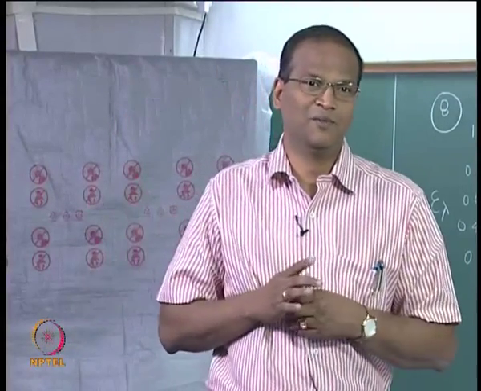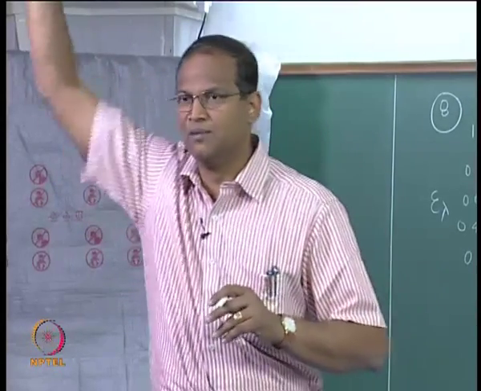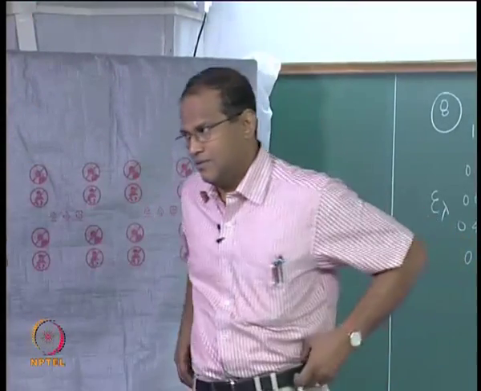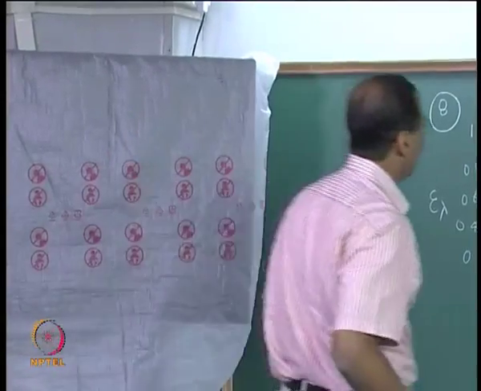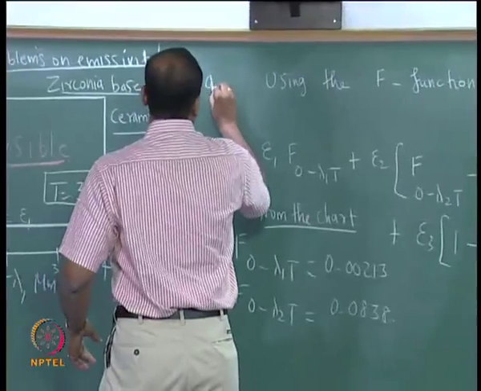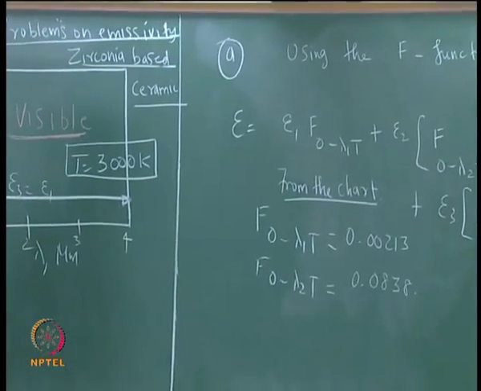Thinking that you are smart does not work, because the epsilon must be multiplied by the F, since sigma T to the power of 4 is there. Fine, so part A is over. The hemispherical total emissivity of zirconia is 0.249.